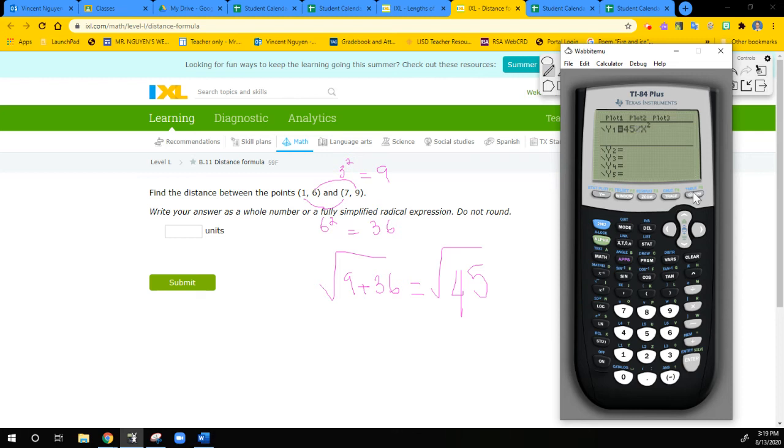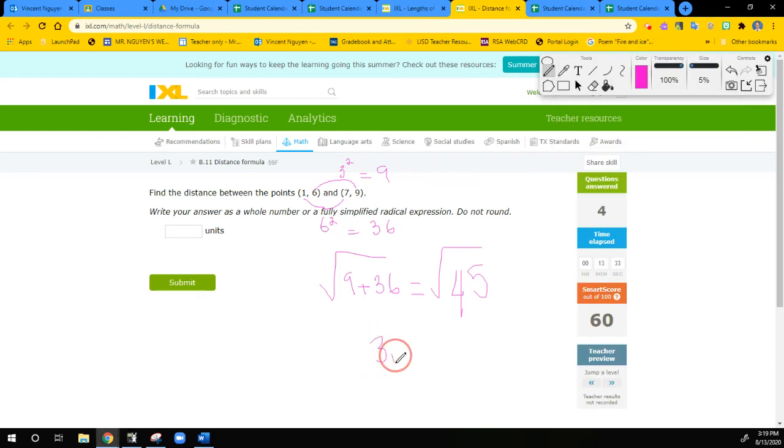And then second graph, and then look, there's a 5 there. So the answer is 3 square root 5. So I go to my box over here and I'm going to type that in. 3 square root 5. Enter.